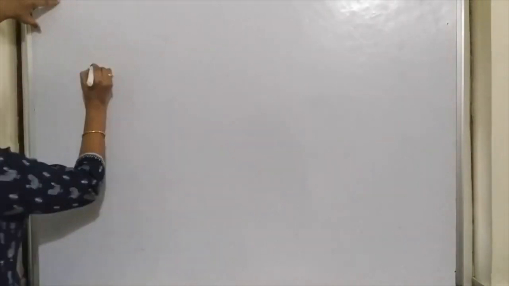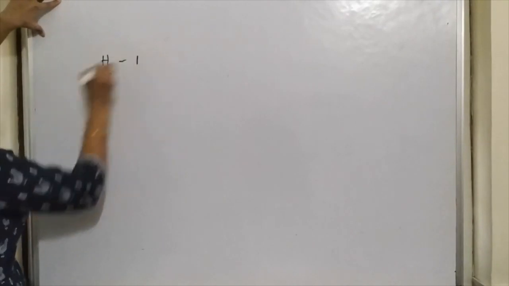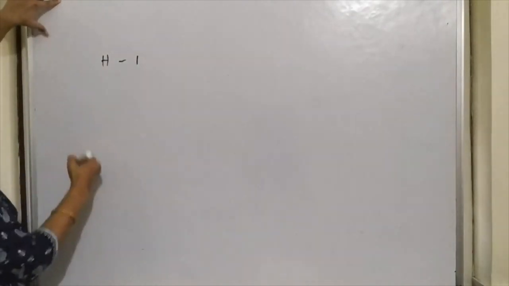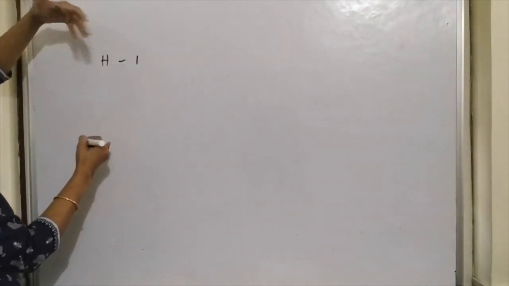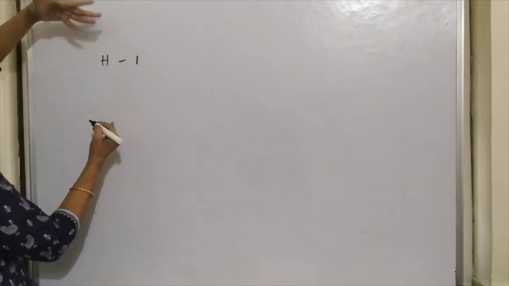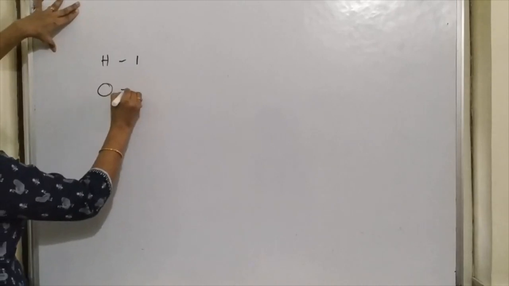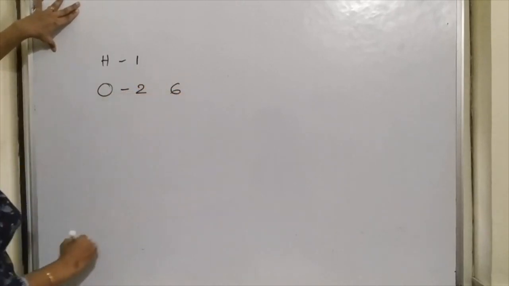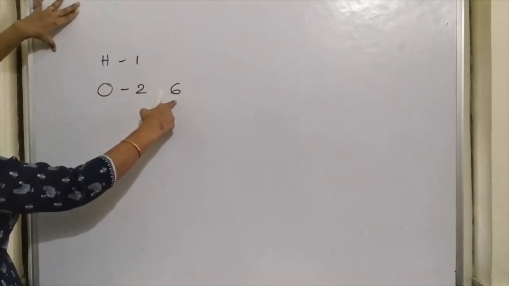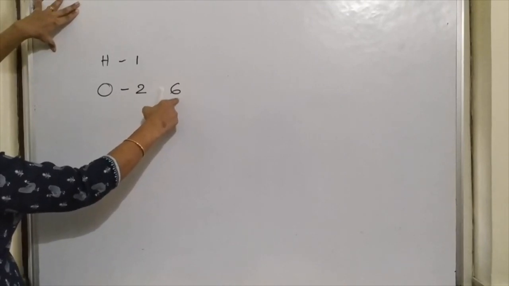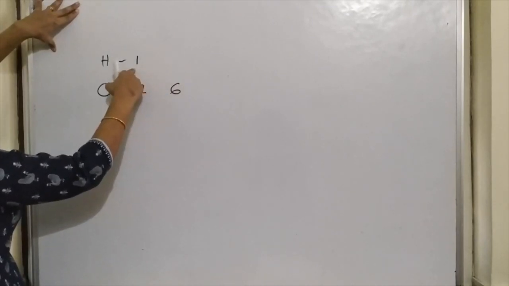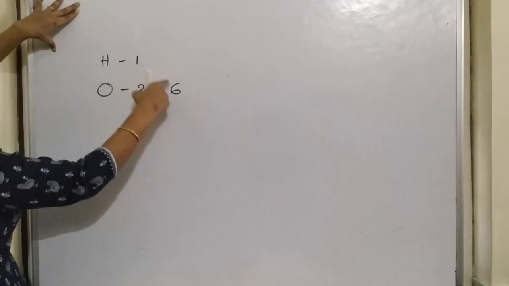You know the electronic configuration. Hydrogen's electronic configuration is again 1. How many times have I written hydrogen? So now you are very familiar with the hydrogen electronic configuration. Oxygen's atomic number is 8, so its electronic configuration is 2, 6. For stability it needs 2 electrons, while hydrogen needs only 1 electron.